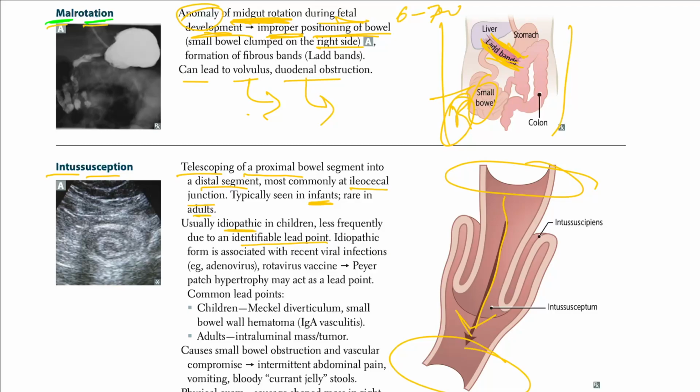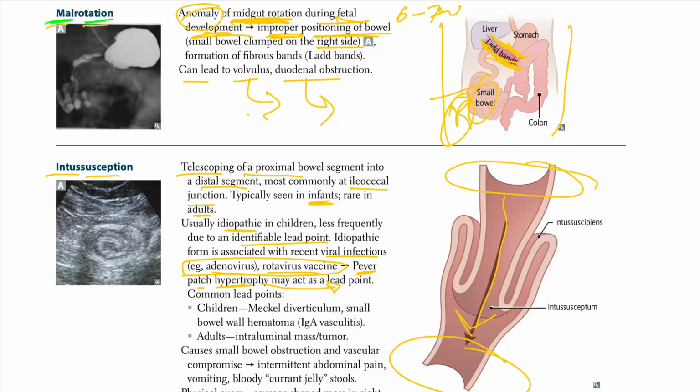Idiopathic form is associated with recent viral infection like adenovirus, or rotavirus vaccine. What are these doing? They are causing Peyer's patches hypertrophy, which is acting as a lead point.